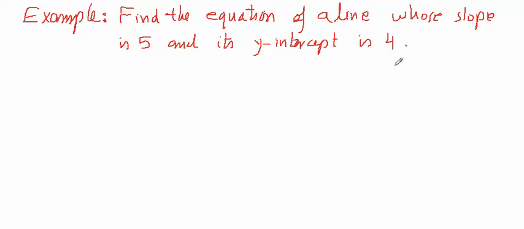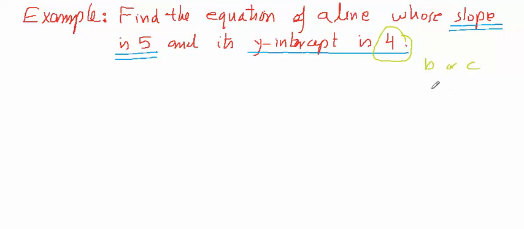So see here in this example, two pieces of information are given. One is that the y-intercept is 4 and the second is that the slope is 5. So this value is the value of B, or you can say the value of C. In American English it is B and in British English it is C. And slope, which is the gradient, is 5.